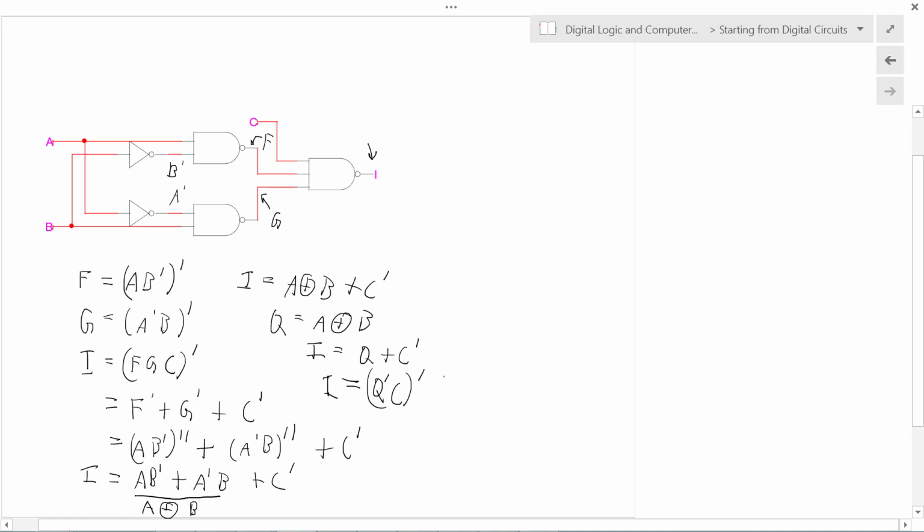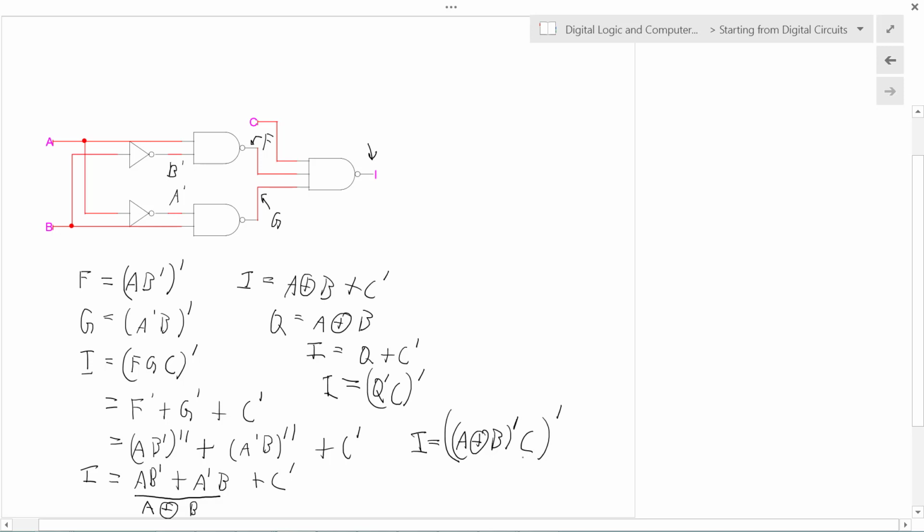Note that we get I equal to A XOR B quantity prime ANDed with C quantity prime.